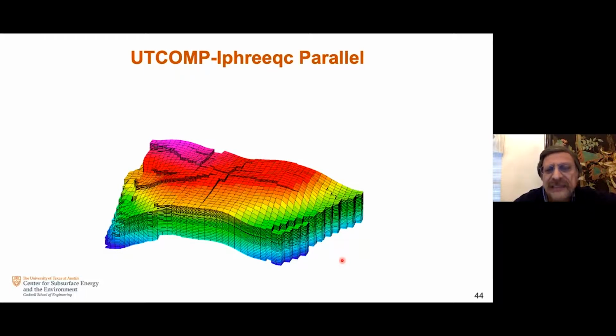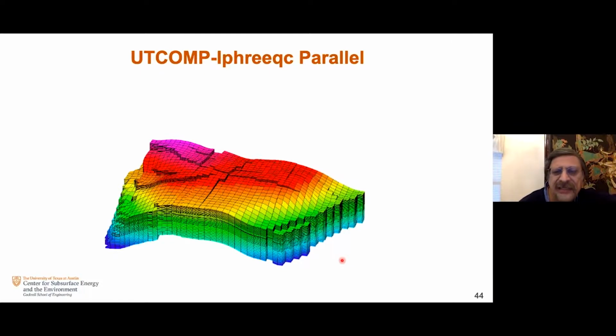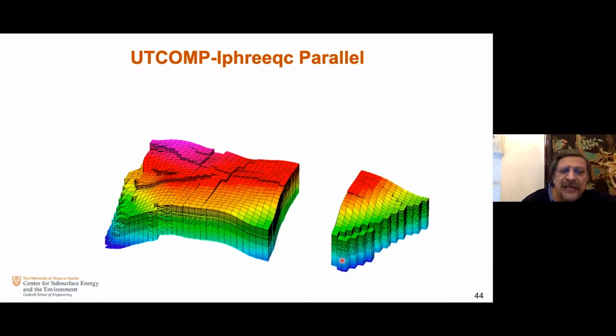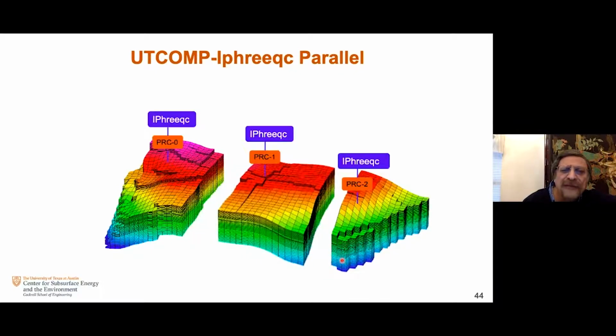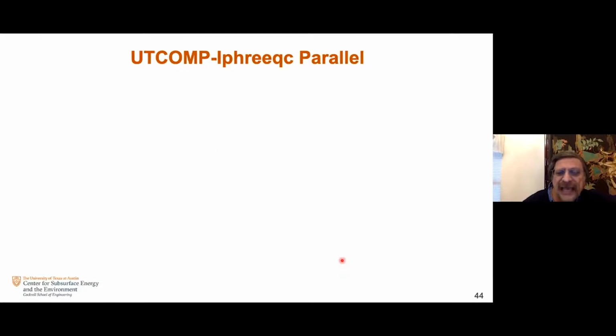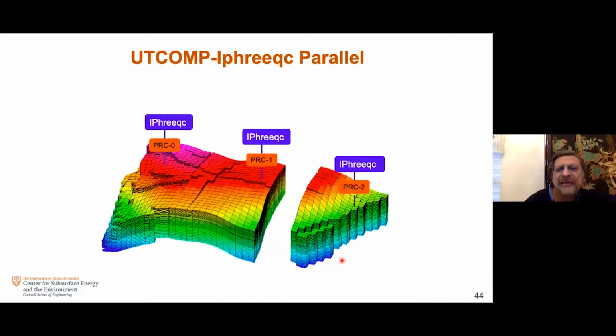The good news is that when we're using the geochemistry, we could decouple this, in a sense that, as you can see in here, I can do the computation of one part of the domain on one processor, and then when I'm done there, go back and put things back together.